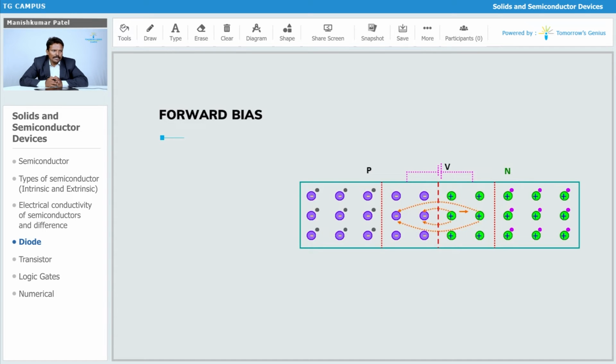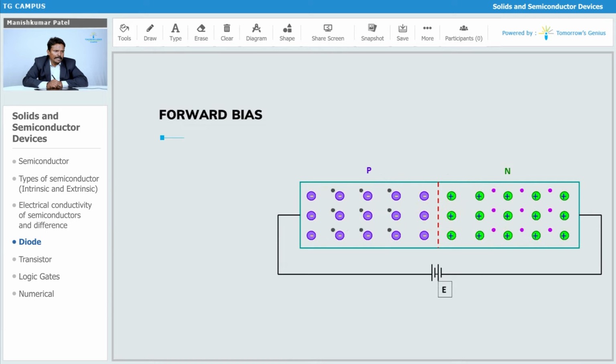Now how does it exactly behave when I apply some potential across it? In a forward biased diode, you have to apply the positive terminal to the p-type and the negative terminal to the n-type. When you do that, the electrons from the negative terminal enter over here and push the electrons toward the junction side.